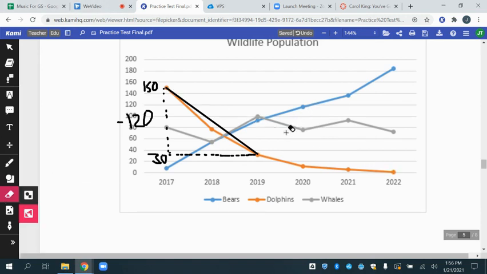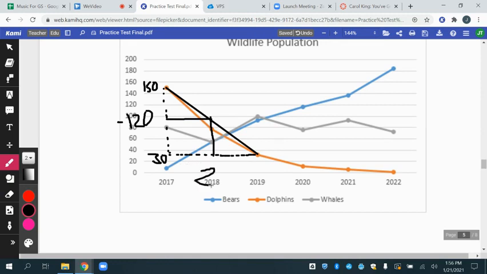Now we just got to figure out how much per year. Notice they really lost more the first year than the second year, but that's not what we care about. We just care about on average. They lose about half of them the first year and half of them the second year. That's the idea. So it's 2 years and 120 that we lost.